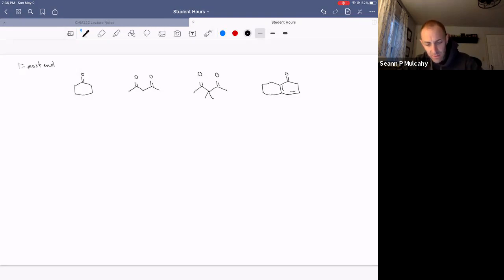All right, so why don't we take a look at what particular proton in each of these cases is going to become enolizable. And so how about that for that first one?